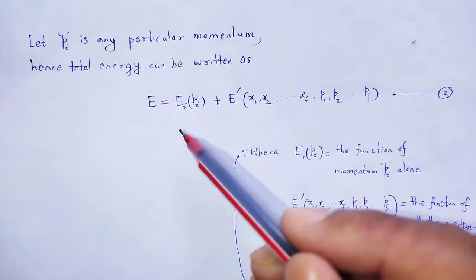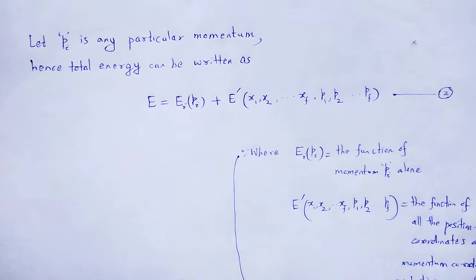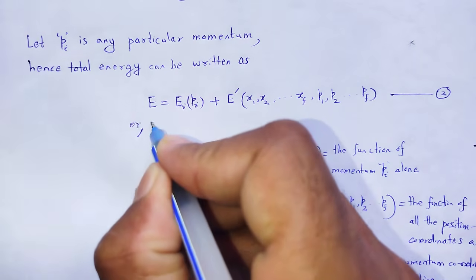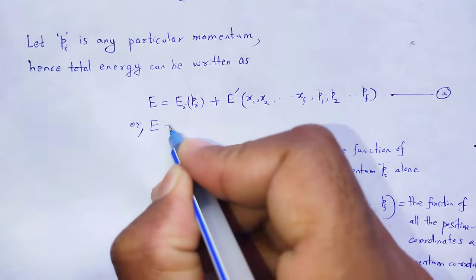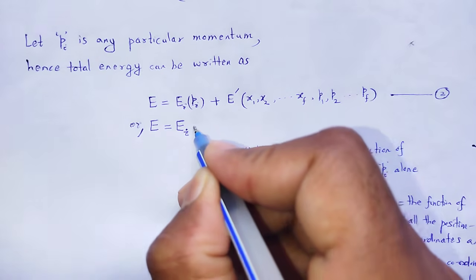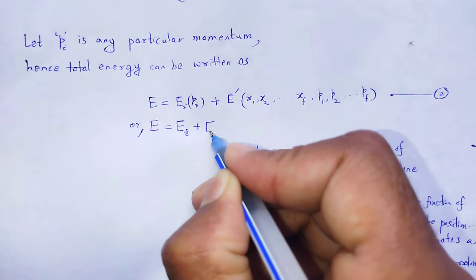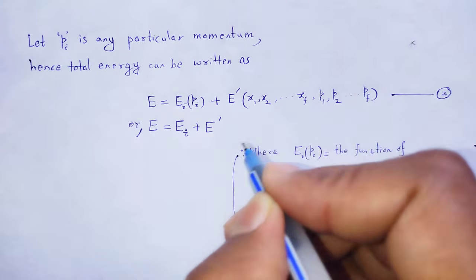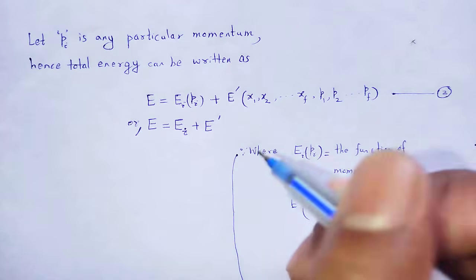So total energy E is ei, the energy of the ith particle, plus the rest of the energy excluding that of the ith particle.